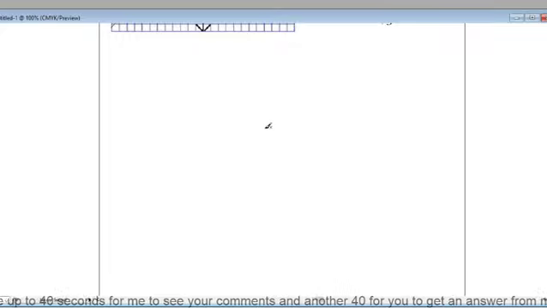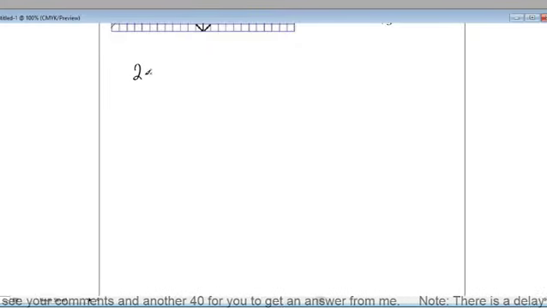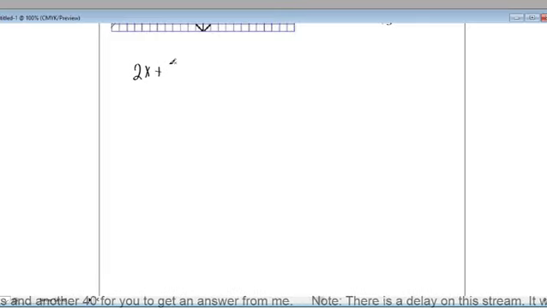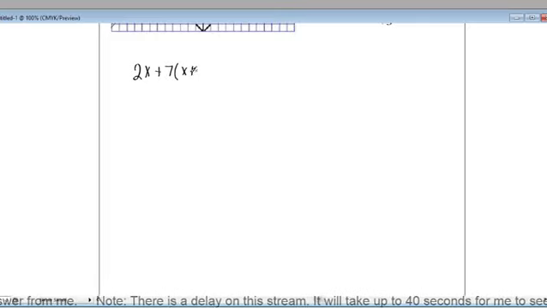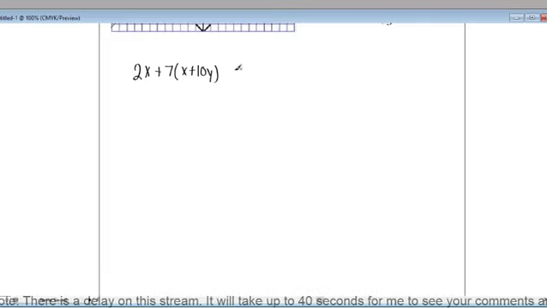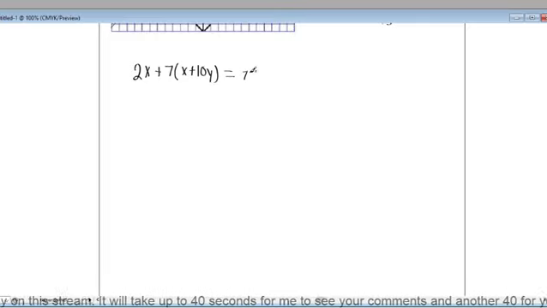However, we may be given things that are in this form. 2x plus 7 times x plus 10y equals 7x plus y.